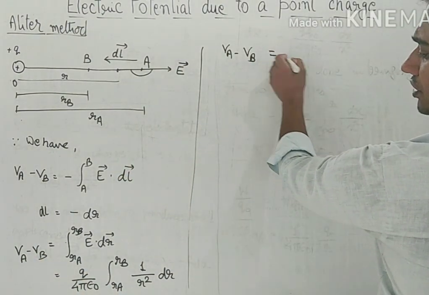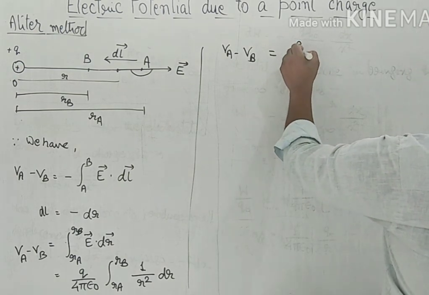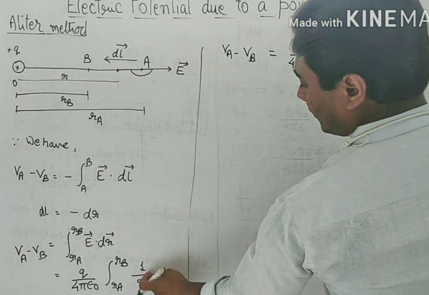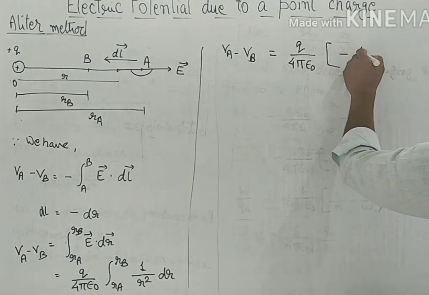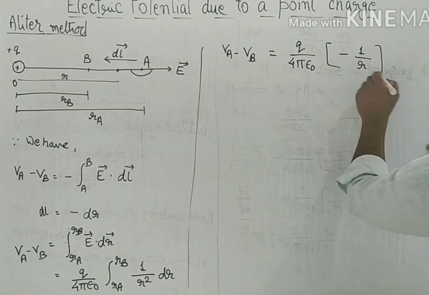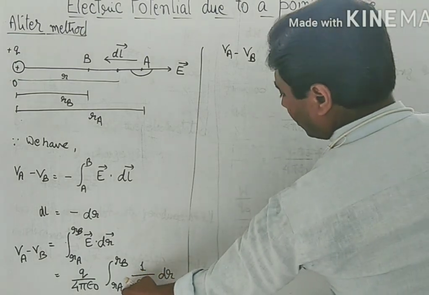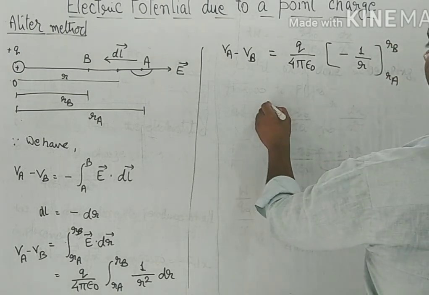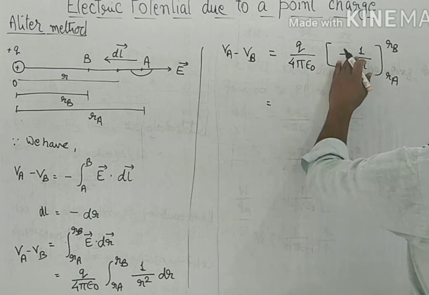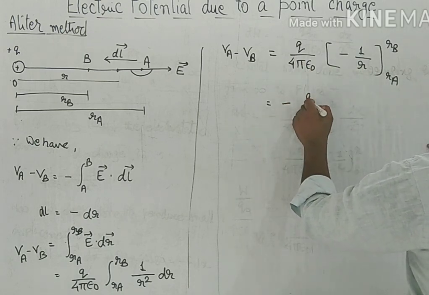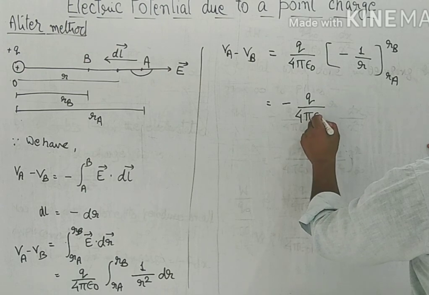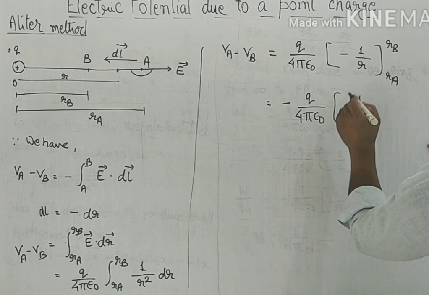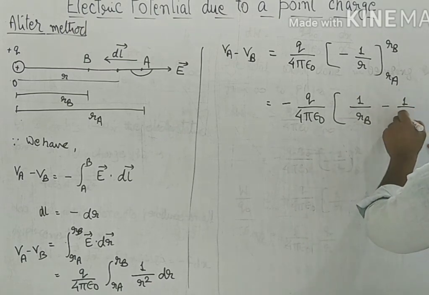On RHS you will be having Q upon 4 pi epsilon naught. Now just integrating this, we will have minus 1 by R, with RA limit and then RB limit. So placing the limits, you may take this minus sign out, Q upon 4 pi epsilon naught, and now 1 upon RB minus 1 upon RA.